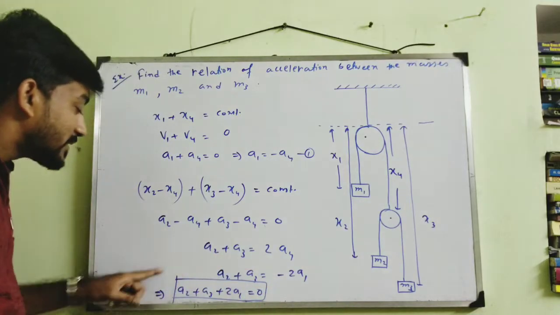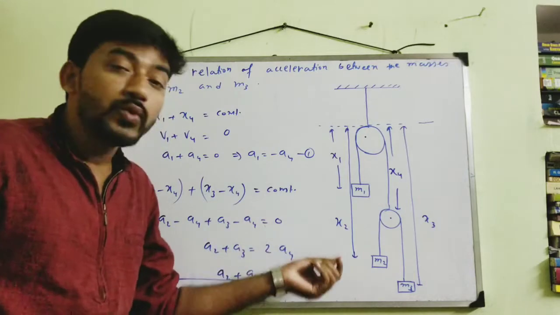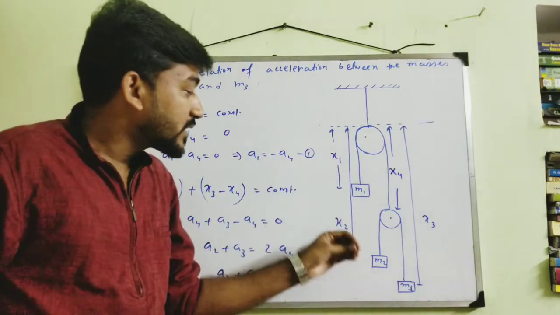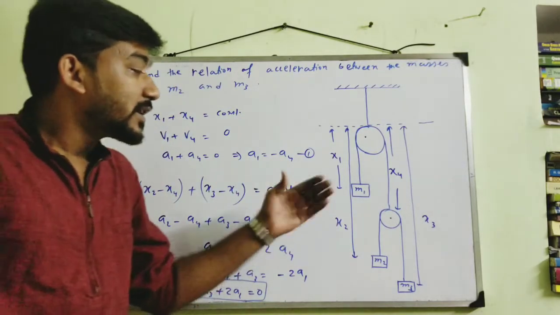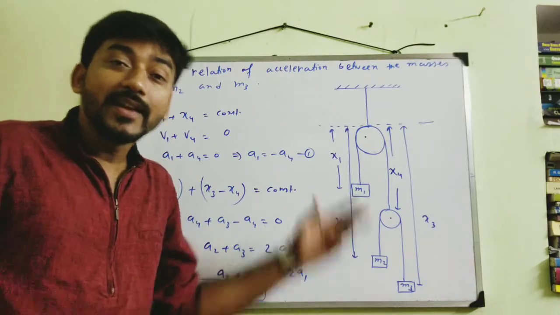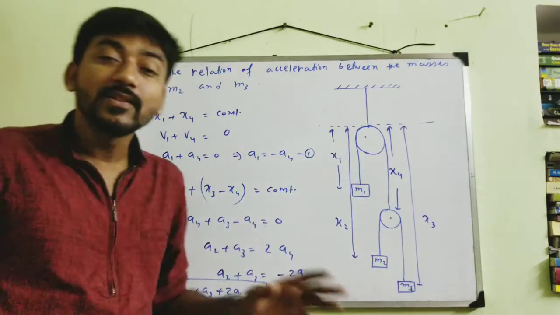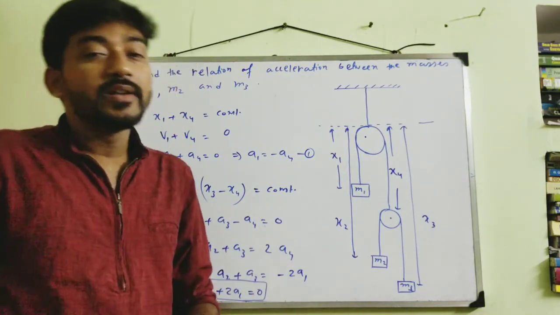This is just the relation between the accelerations, and this is the first step in a problem like this. I have just discussed the constraint equation and how we can find the relation between the accelerations. The rest of the problem, finding the tension in the string and the individual accelerations, I will discuss later on.